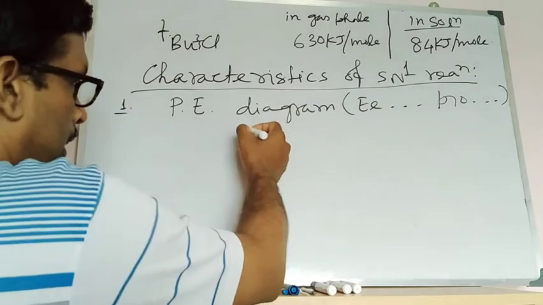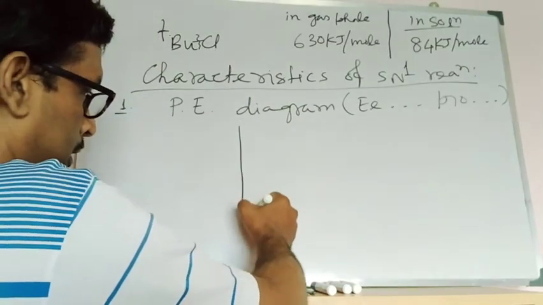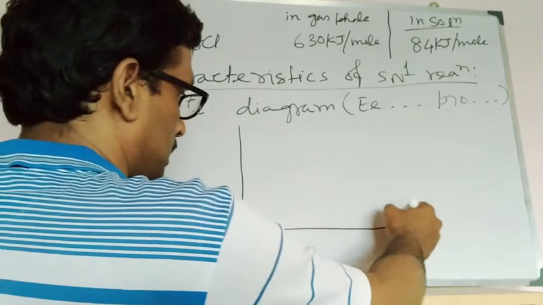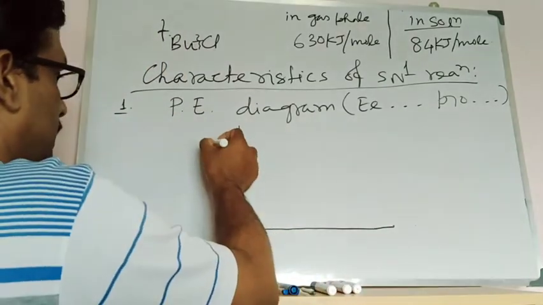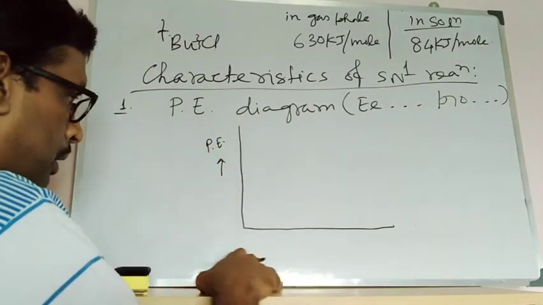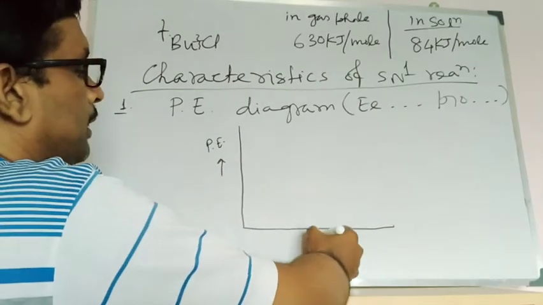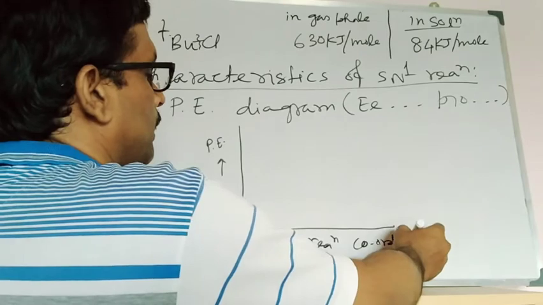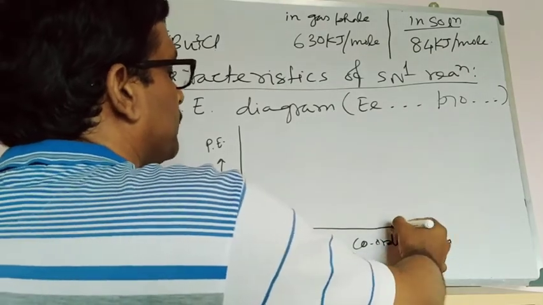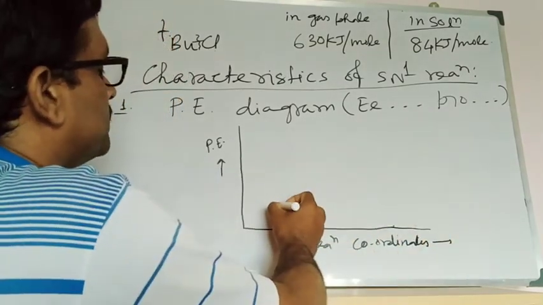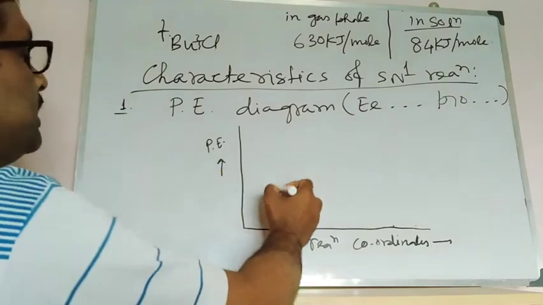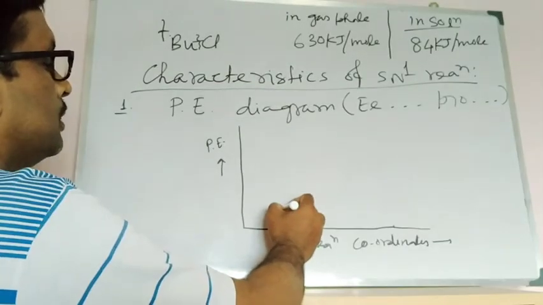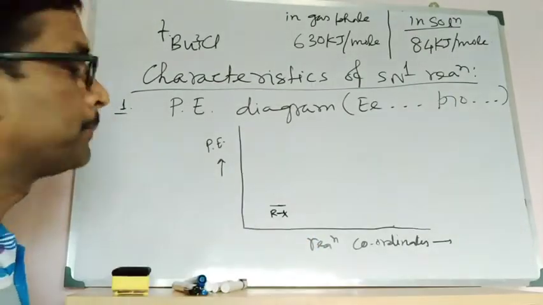So now if we take the potential energy, and all of you know, here the reaction coordinate. Then this one is the substrate, RX.